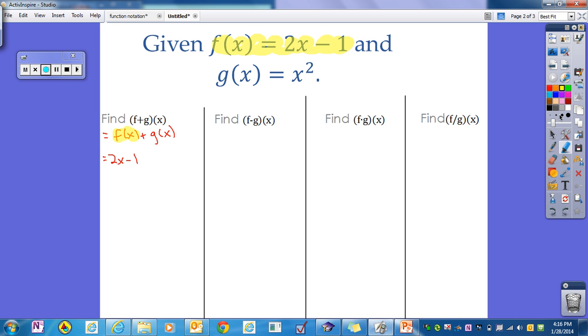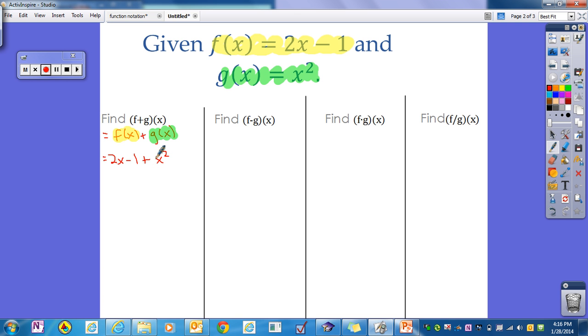Then it says plus g of x. Well, g of x is equal to x squared, so I bring down my plus and substitute x squared. So now this is equal to 2x minus 1 plus x squared.